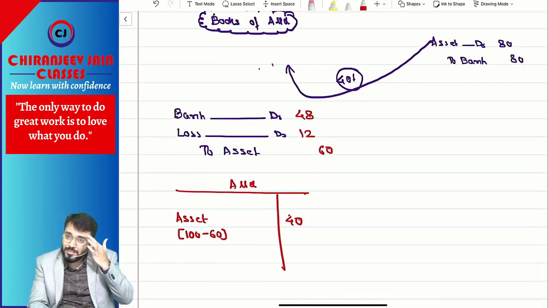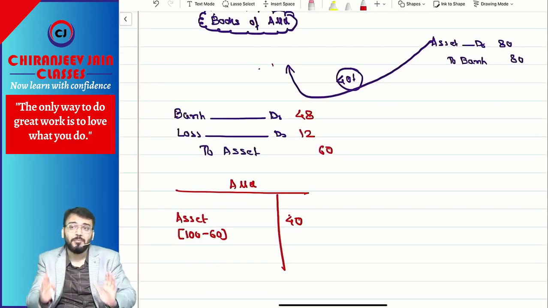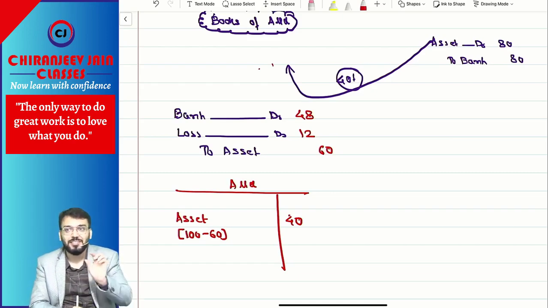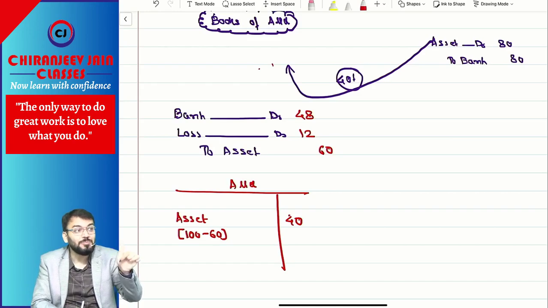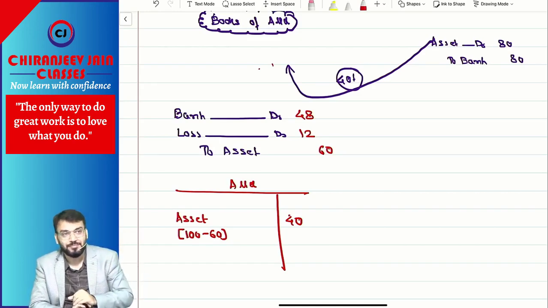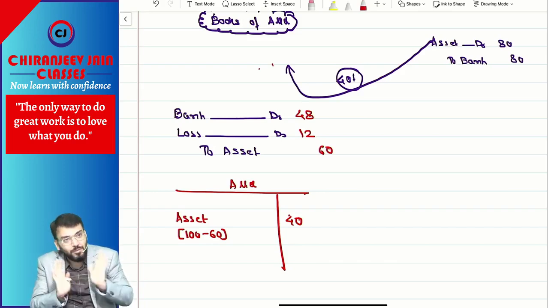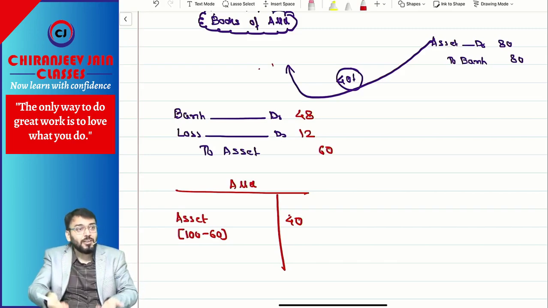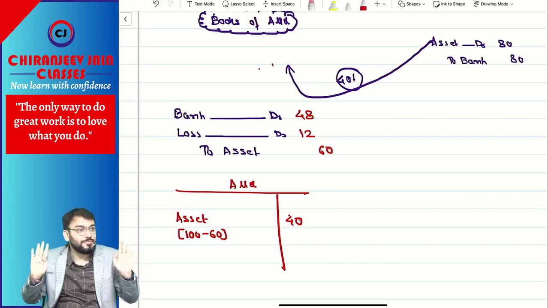So we should recognize that loss also. So what this AS says is that if there is an objective evidence of impairment, then they should recognize the entire loss. If there is an indicator of impairment, AS 28, now okay. Means if there is evidence of impairment, then recognize their own share of loss also.